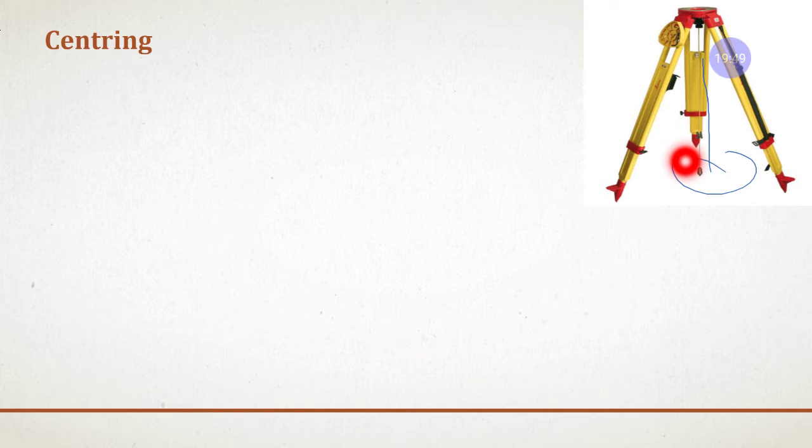Once you set this tripod with the theodolite, we will put the plumb bob here, and once you put the plumb bob, we will check whether the plumb bob is exactly over the station point or not, right?